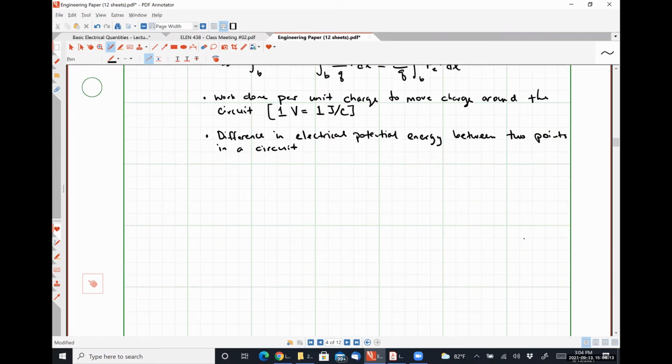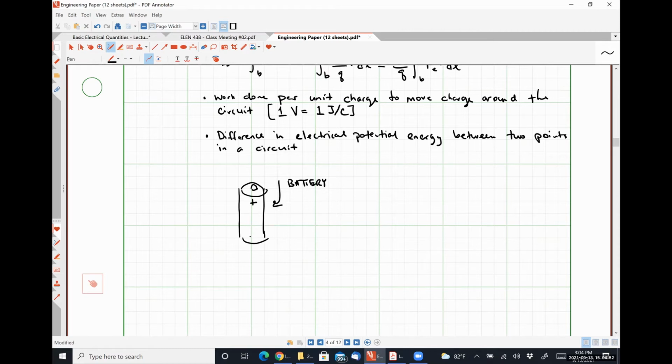So I'm going to attempt poorly to draw a battery real quick. So if you look at your average Duracell battery or whatever, you're going to notice that on one side, there will be a plus sign.